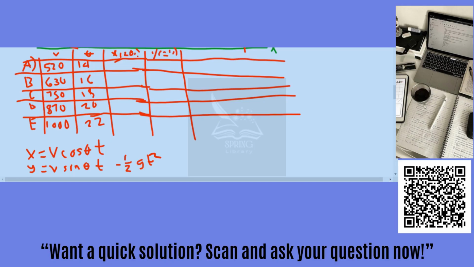So in kilometers, it is 10.56. Now, just putting in the other numbers for v and theta. For the second one, v is 630 and theta is 16, so now I get 12 and 1.5. Then 750 and 18.